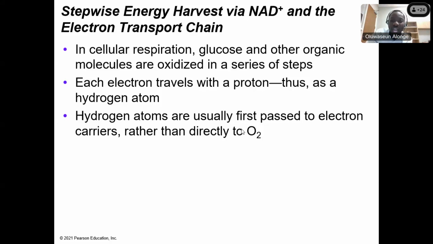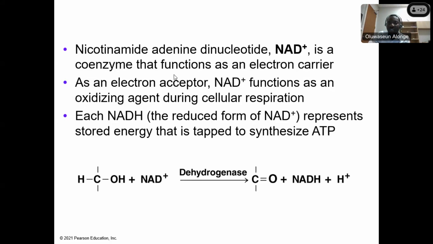Now, hydrogen atoms are usually first passed to electron carriers rather than directly to O2. I'll talk about that together. So NAD plus, which we call nicotinamide adenine dinucleotide, is a coenzyme that functions as electron acceptor. So in the course of conversion of glucose to another molecule or to another form of energy, electrons will be released.